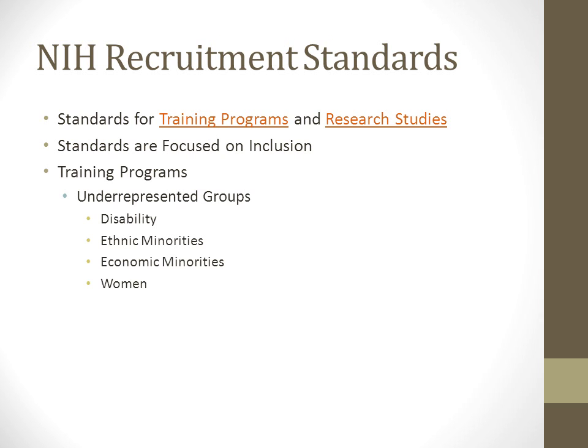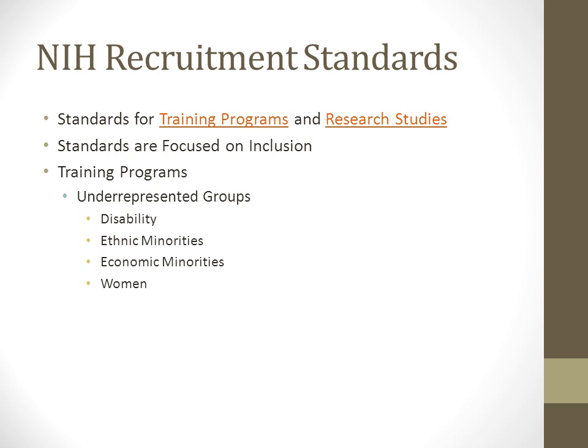All right, so the standards are focused on inclusion. When you look at training programs, they tend to focus on this notion of being underrepresented, and this can vary depending on the particular goal of the training program you're looking at. Underrepresented doesn't mean the same thing all the time. It's not one definition, and you can imagine that underrepresented can change over time, and that's definitely true, and it's already happened before. But generally, the groups we think about are groups that are disabled, ethnic minorities, and again, certain people are not minorities in certain fields.